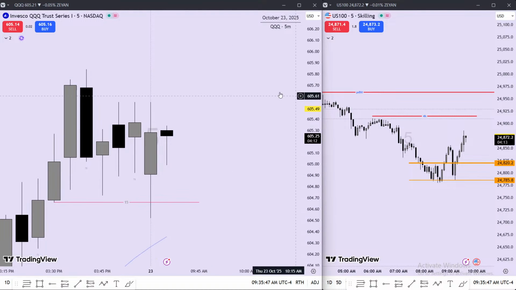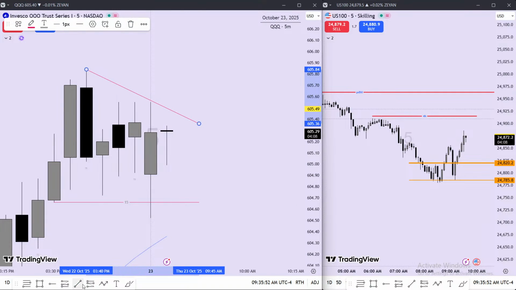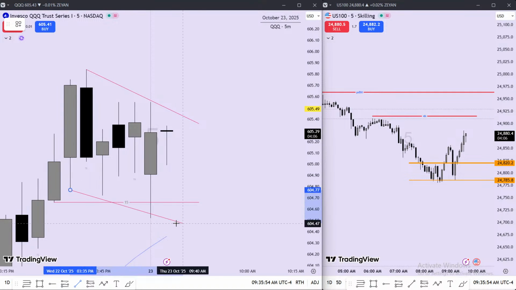Bulls, what do bulls want? Bulls are expecting this channel to break, this bull flag to break.